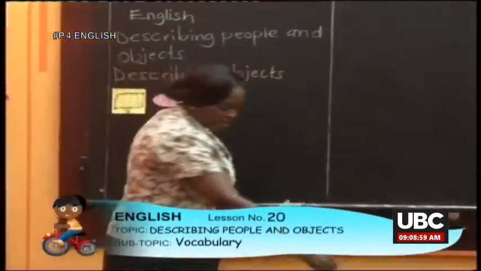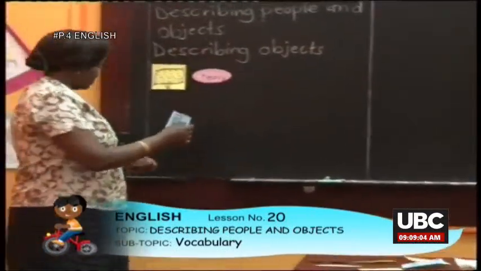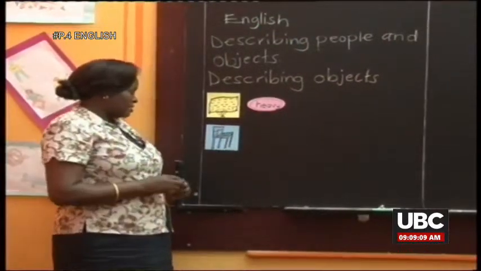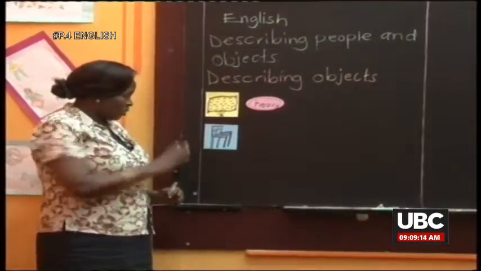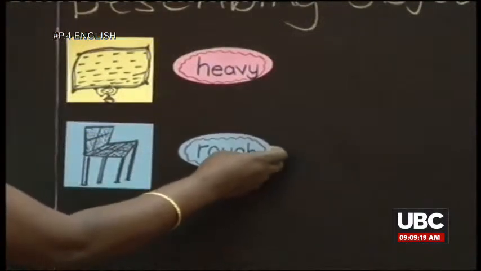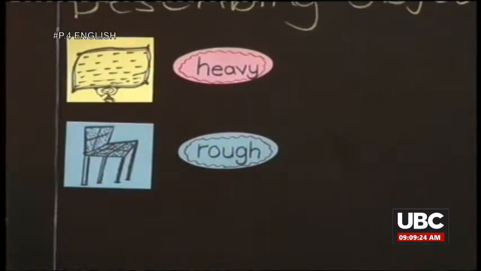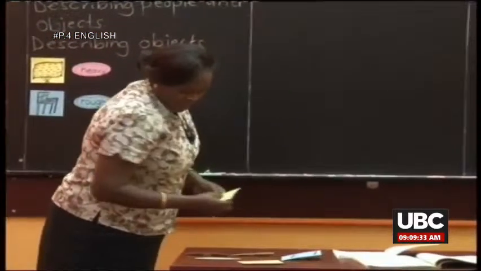I also have my other object here. We are going to describe this object together. That is a chair. But when you look at it properly, we can describe it as a rough chair. It's rough, because when you sit here, you will feel the way it was made. That means this chair is rough. I also have another object here.